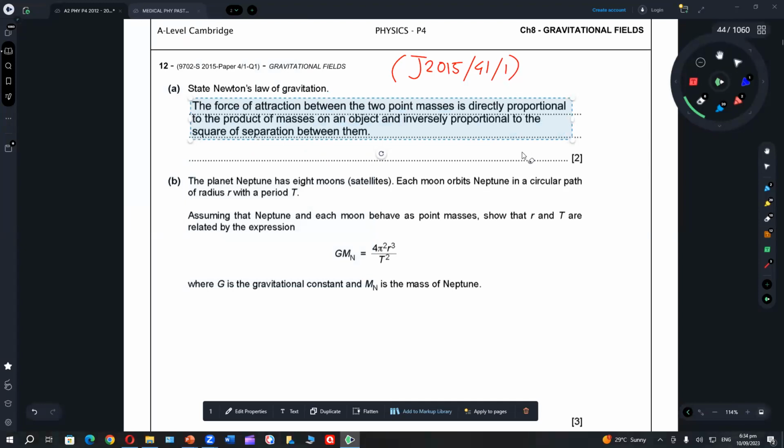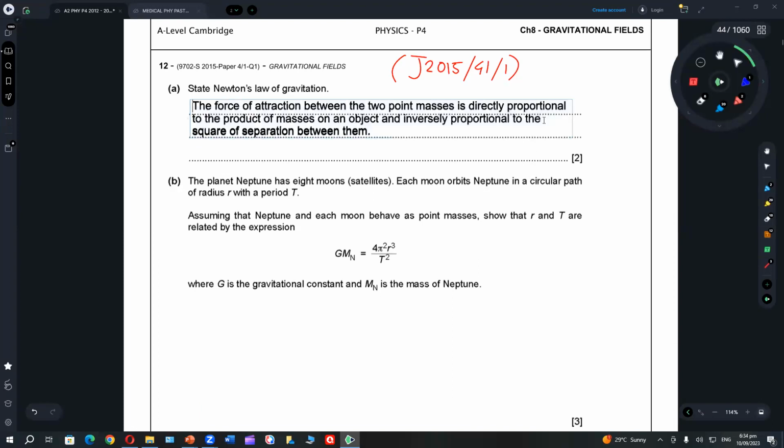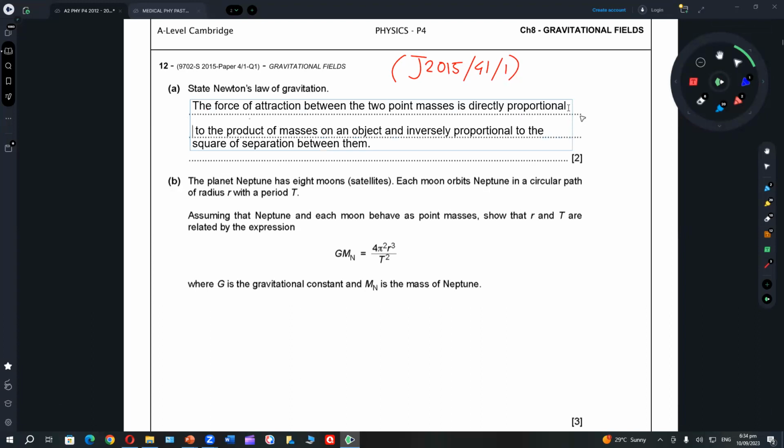The force of attraction between the 2 point masses is directly proportional to the product of the masses on an object and inversely proportional to the square of separation between them. Zayan gave me this definition, so I copied it here. There is a small attention needed in this. This is a good statement, but we need to improve one thing, the product of the masses on an object. So we need a rectification here. Now it's fine.